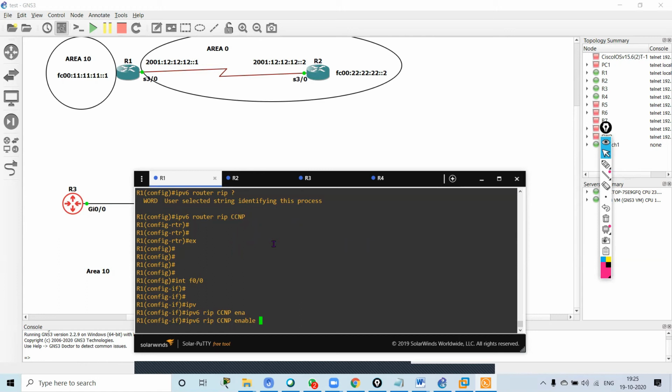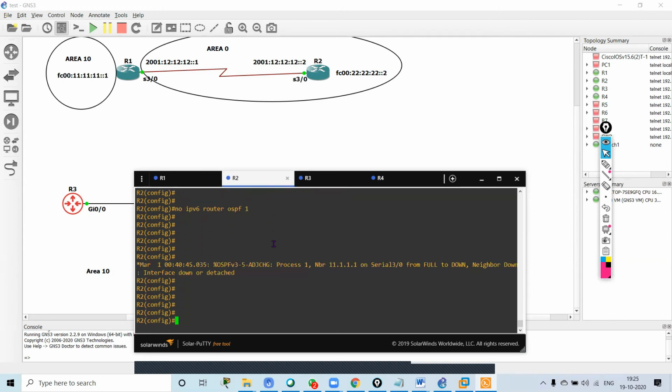IPv6 RIP CCNP enable on the LAN. Exit. Interface serial 3/0, the same command.